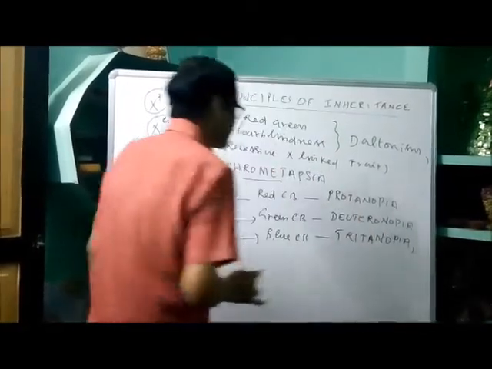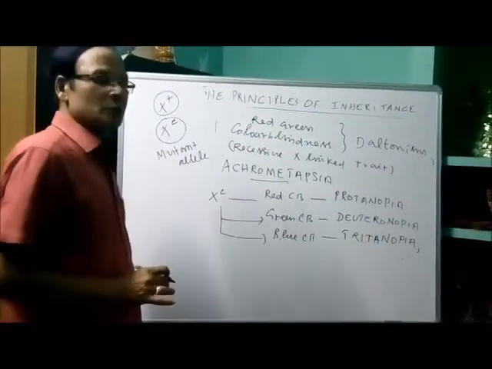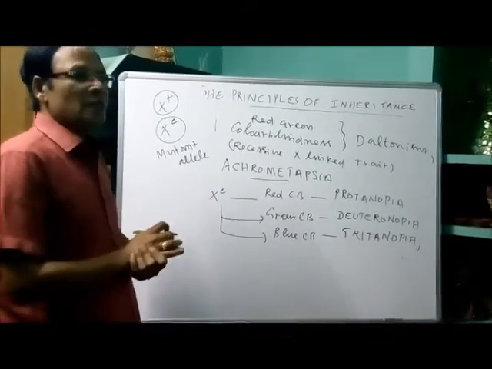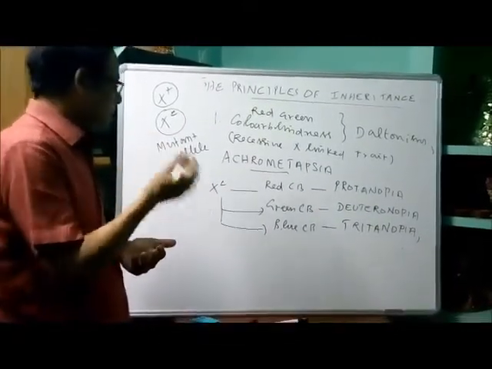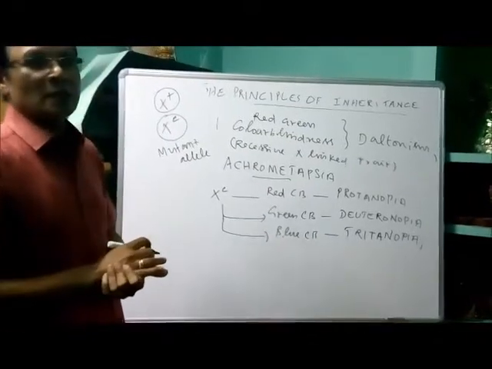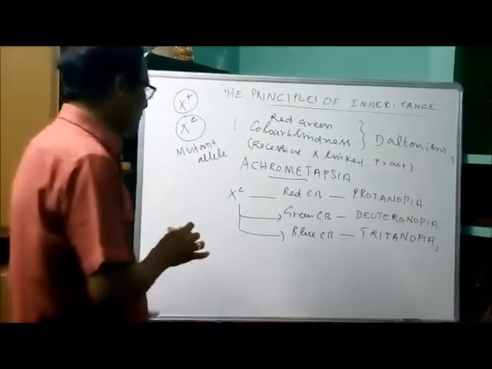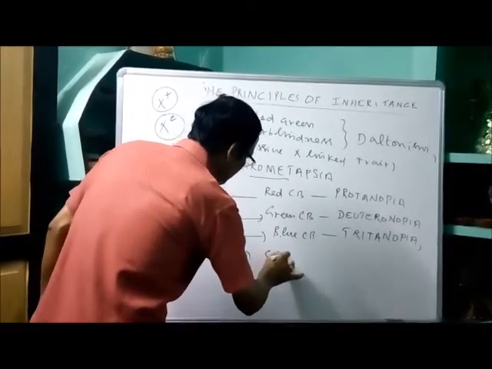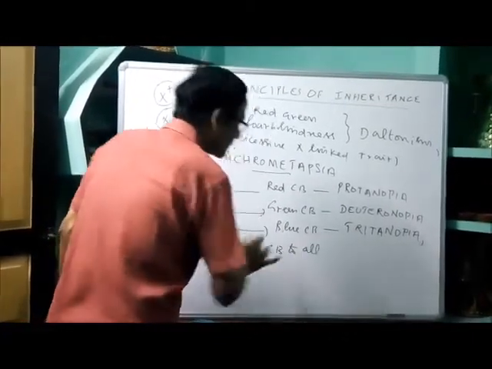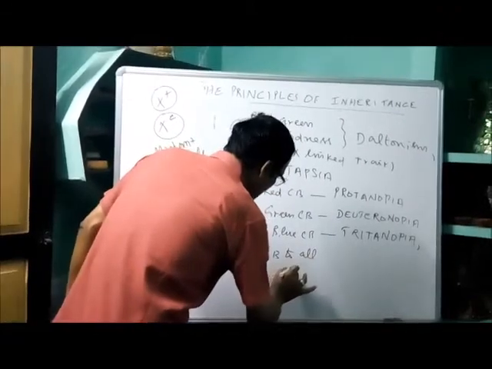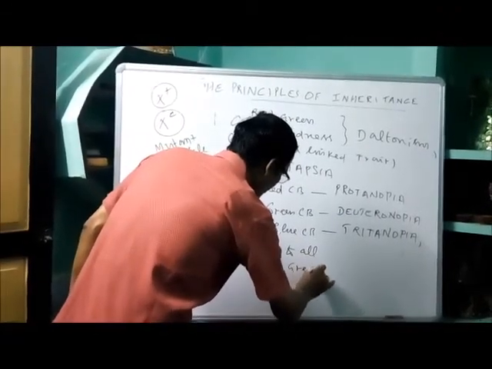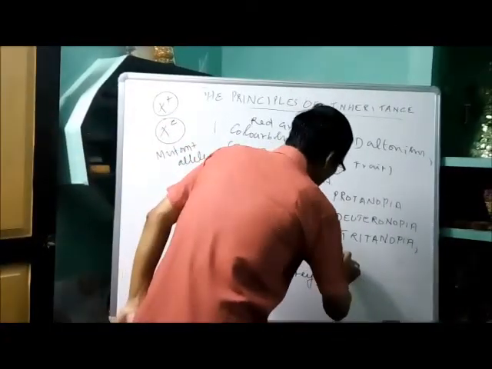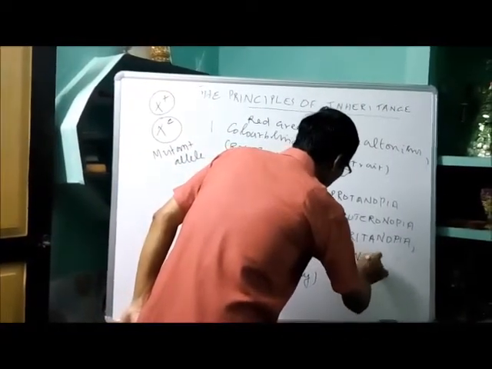In some cases, the persons are unable to see all the three colors. The gene is unable to produce all the three pigments, so the persons are color blind to all colors. Everything appears grey. This condition is called monochromasia.